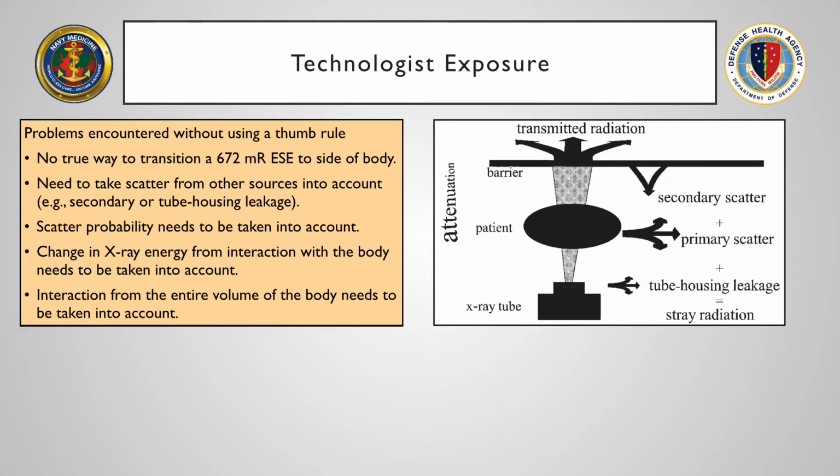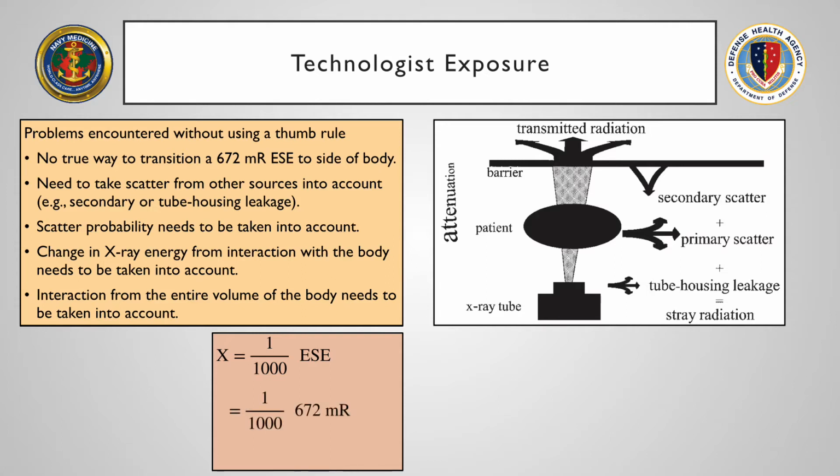Now, with all that in mind, here's our two solutions. So the first one, we use the 1/1000th rule from the AAPM 58 report. 1/1000th of the entrance skin exposure of 672 milliroentgen gives us 0.672 milliroentgen.